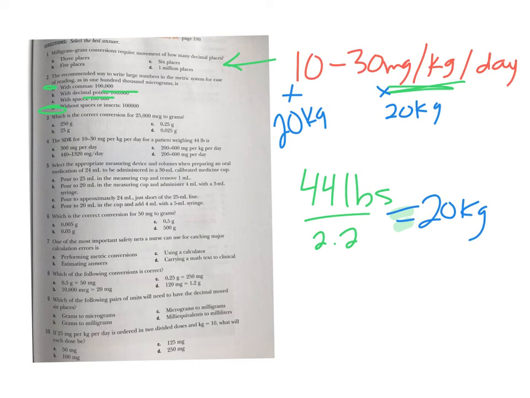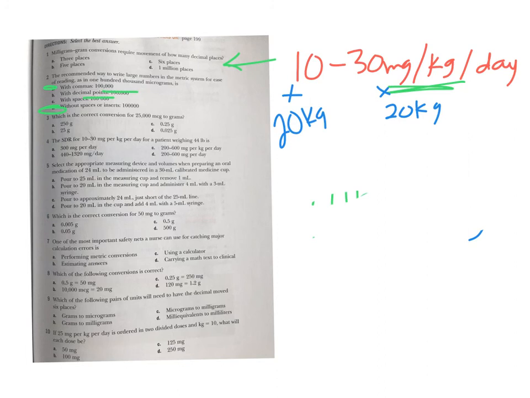We already see that converting pounds to kilograms is always dividing by 2.2. So when I take that weight and multiply, 20 times 10 is 200 milligrams on the low end. On the high end, 20 times 30 is 600 milligrams.